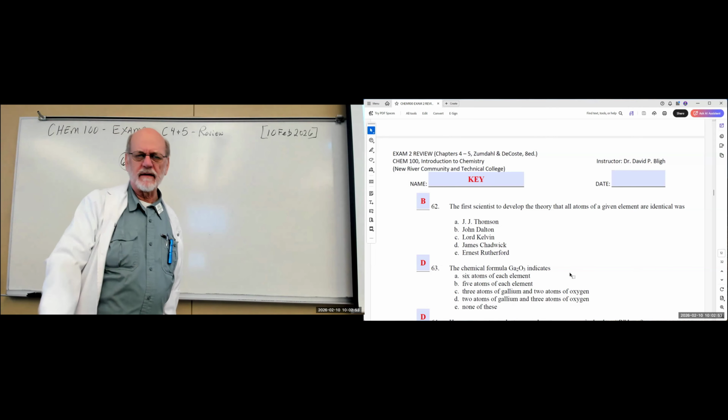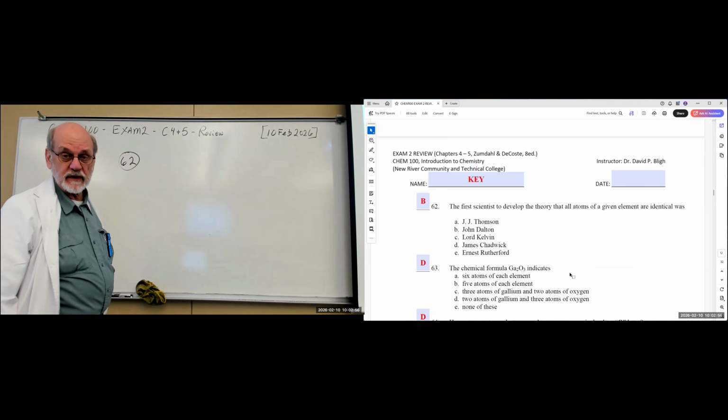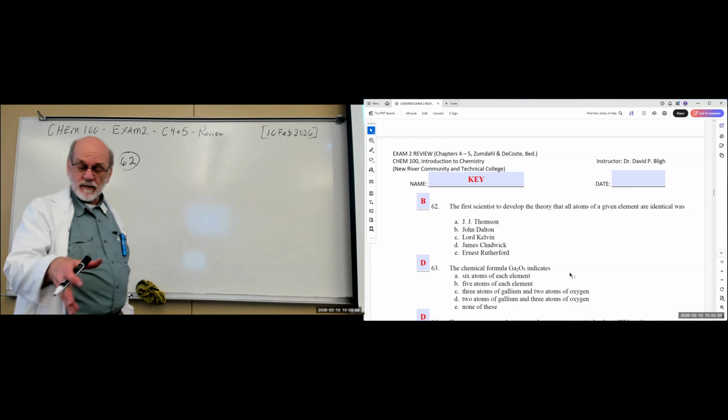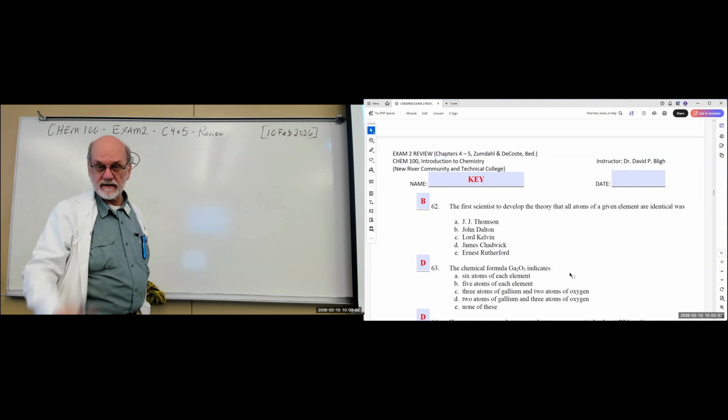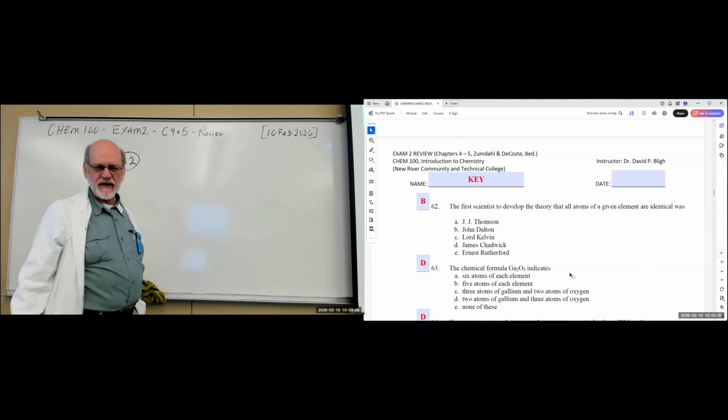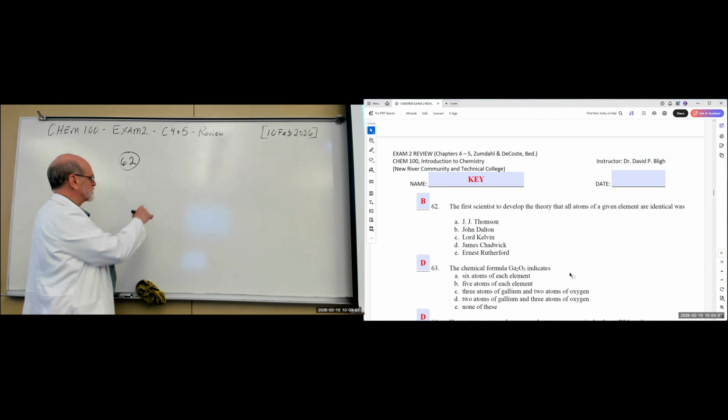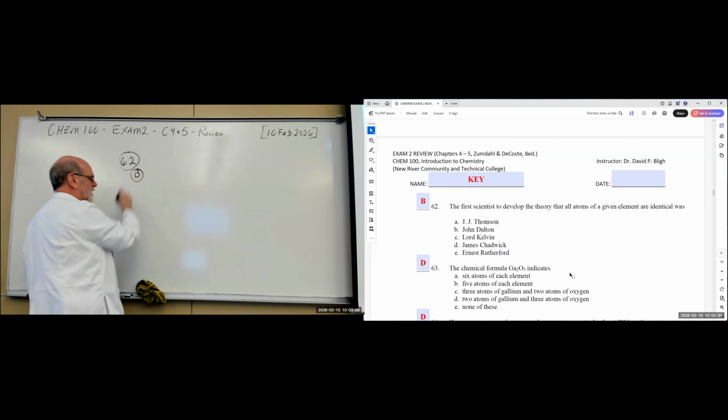Oh, we covered that already. That's John Dalton, his atomic theory. The atoms of an element are identical to one another, but the atoms of different elements are different. Okay? What about the others? Right, our answer is John Dalton. That's B.